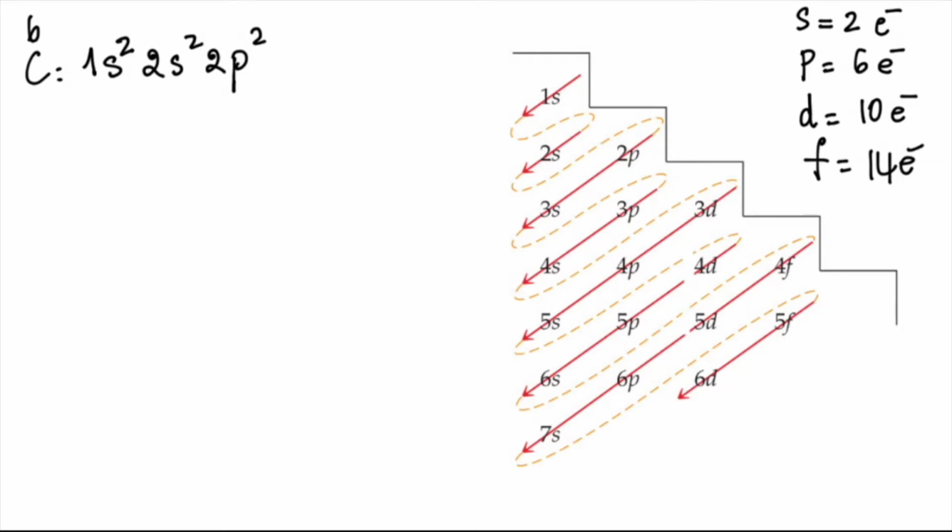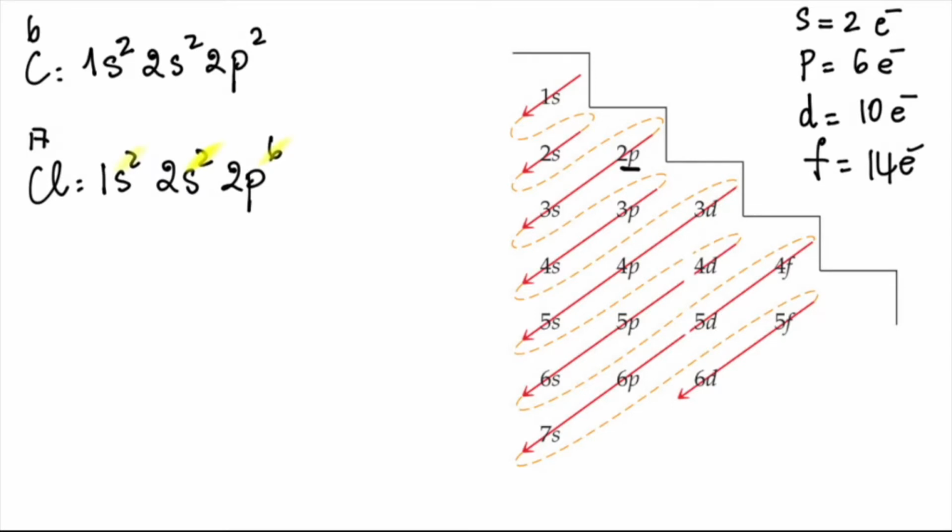Let's do some more examples. Let's say it's chlorine, which is 17. If we do the same way, we would have 1s2 because S can have 2 electrons, and then 2s2, and then go to 2p6. If we stop here, we have only 10 electrons, 2, 2, 6, which is 10, but we need 17.